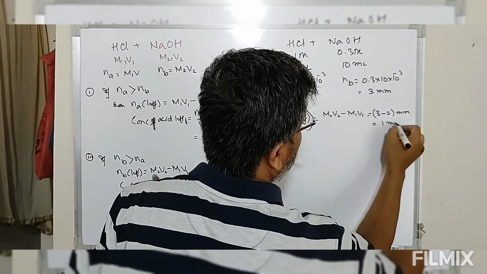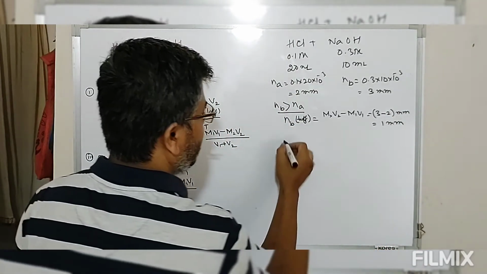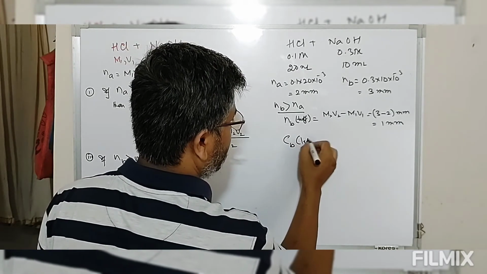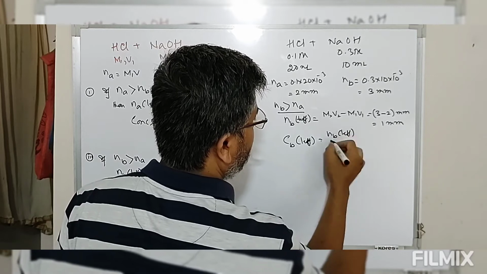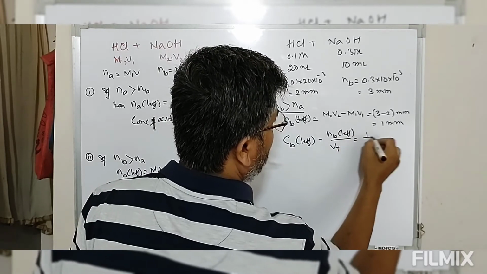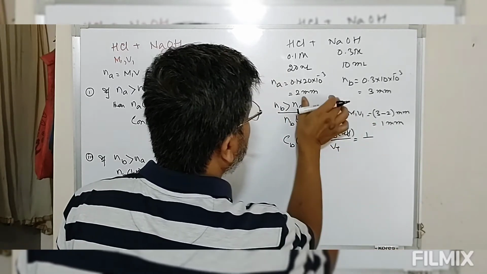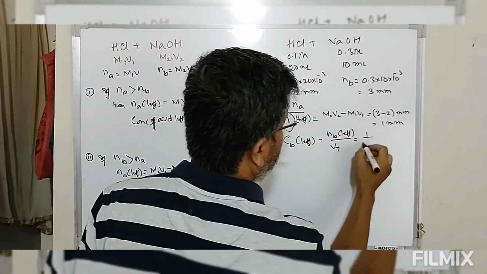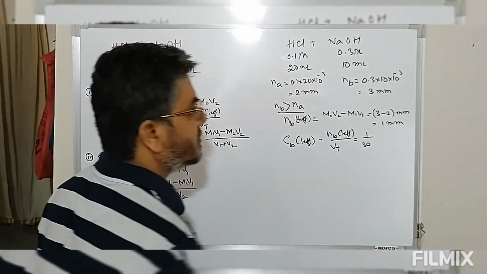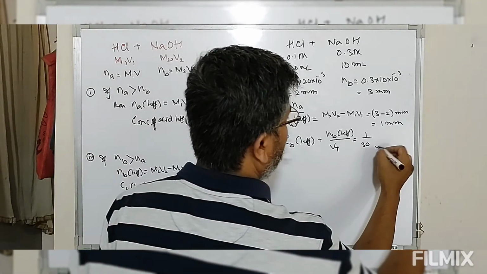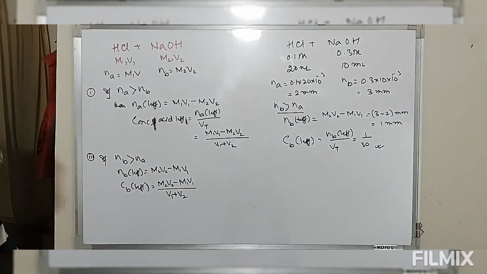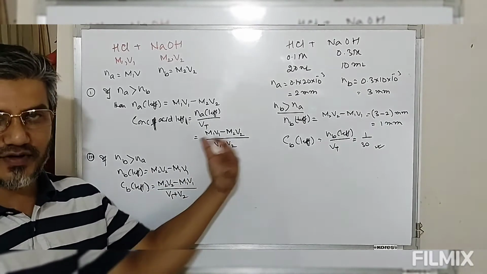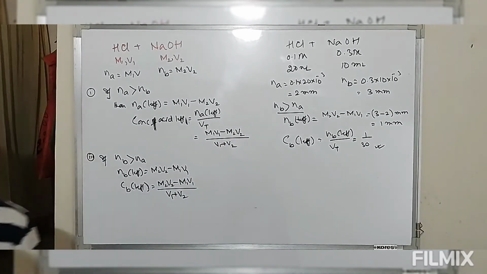So we have 1 millimole of base left. Therefore the concentration of base left will be equal to the number of moles of base left divided by the total volume. So this is 1 millimole divided by the total volume, 20 plus 10, 30 mL. So this is the concentration of the species left. This is how we use concentration in terms of molarity for different types of problems.